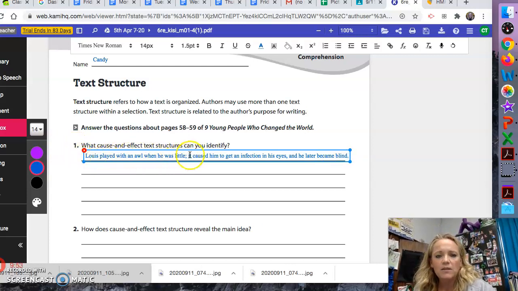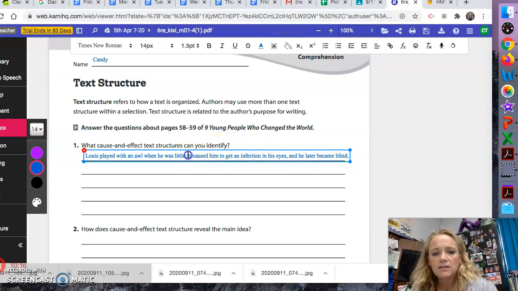I just said Louis played with an awl when he was little; then I used a semicolon because these two sentences are both talking about the same thing. I can separate two sentences with a semicolon when they're related. And when I do that, the second sentence does not have a capital letter. It caused him to get an infection in his eyes, comma, and he later became blind.